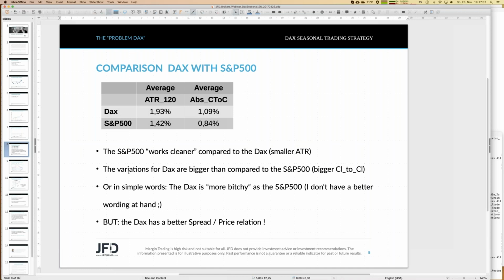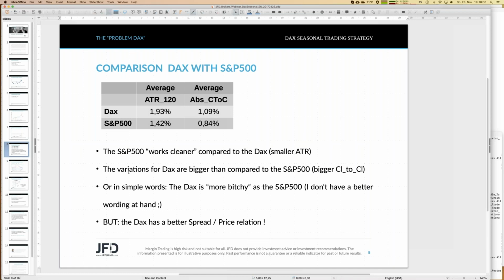Doing the same for S&P 500, then we have a price of about 2,600, and the typical spread here at JFD is, I think, 0.4. Okay, 0.4, that means we have to multiply by 2.5. So the price is 2,600, let's say 2,500, so it would be 7,500.